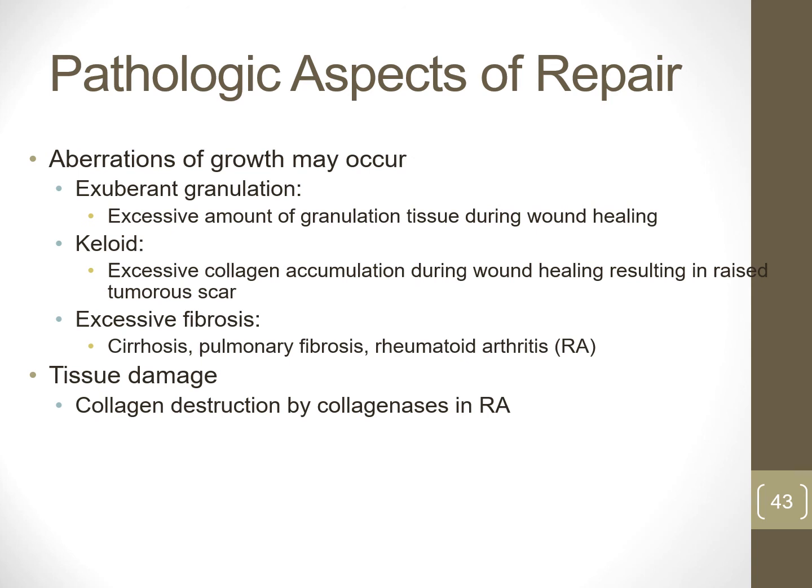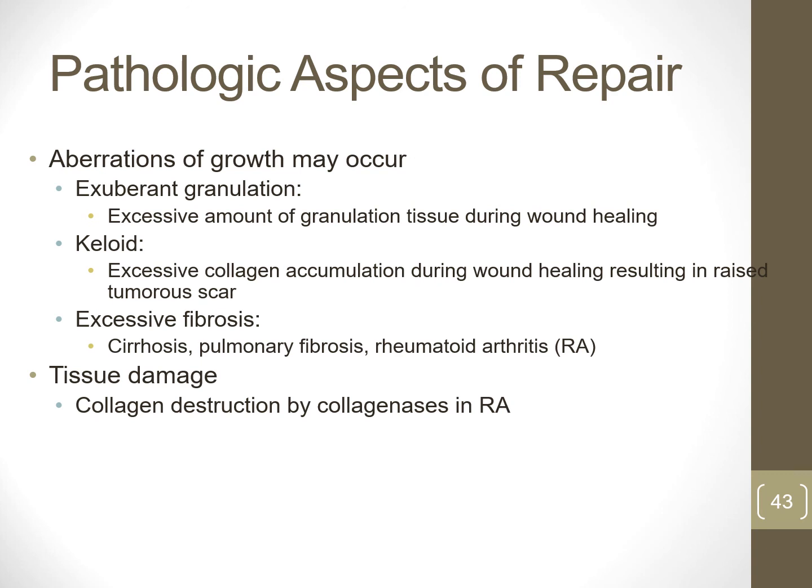We have excessive fibrosis. This will result from chronic inflammatory diseases like cirrhosis, pulmonary fibrosis, and rheumatoid arthritis. This results in fibrosis that is unneeded, that is excessive compared to the needed fibrosis. Tissue damage also results from collagen destruction by collagenase in rheumatoid arthritis and formation of nodules and other rheumatological conditions.